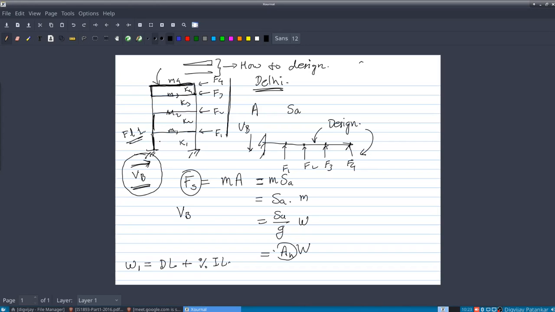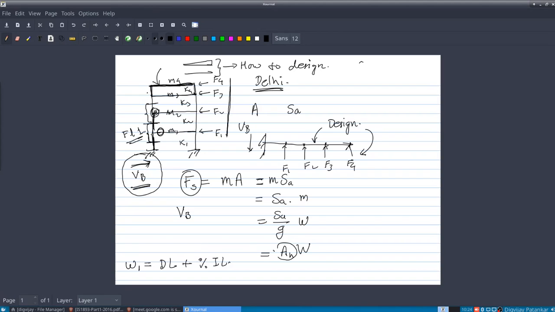So you can appropriately choose to club that particular amount of column weight into the floor 1. That is, I can say that half column below this floor and half column above this floor, so this entire column will be clubbed into this floor weight. Similarly, this portion will be clubbed into floor 2 weight, and so on.